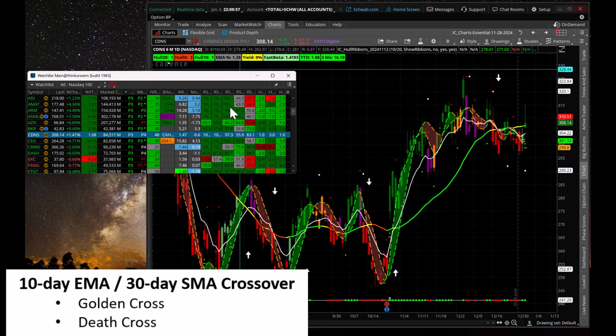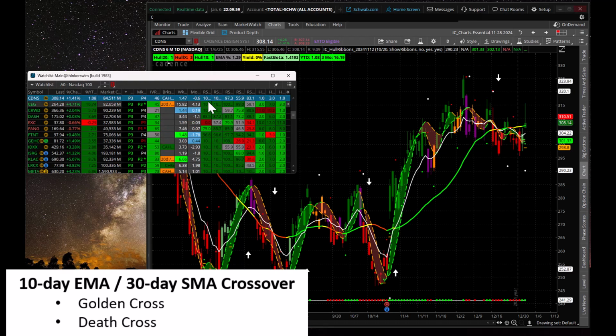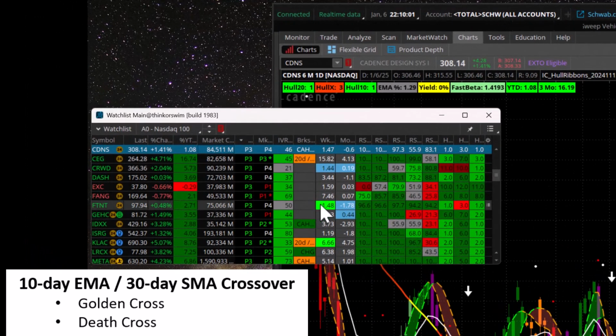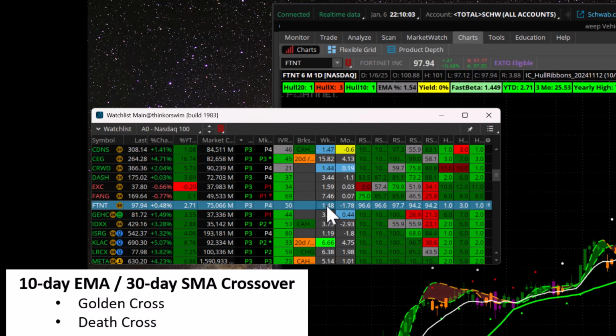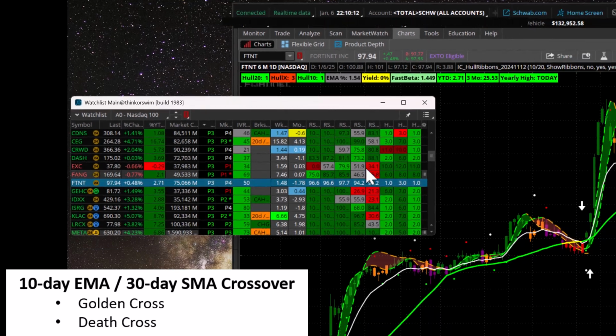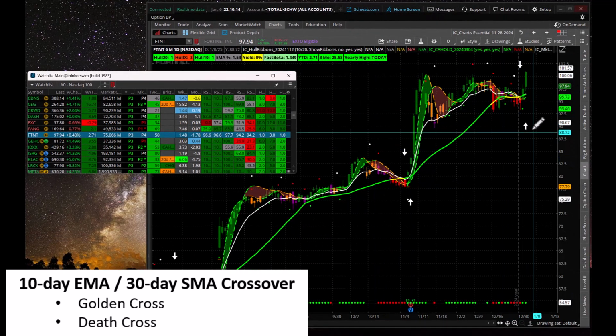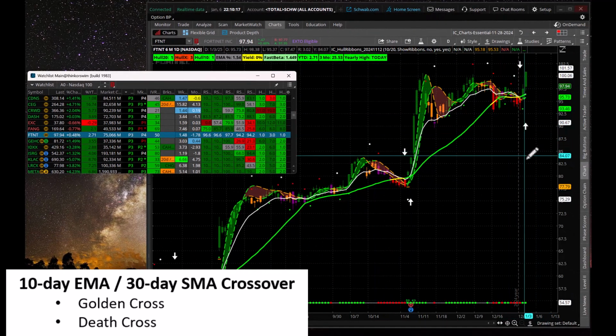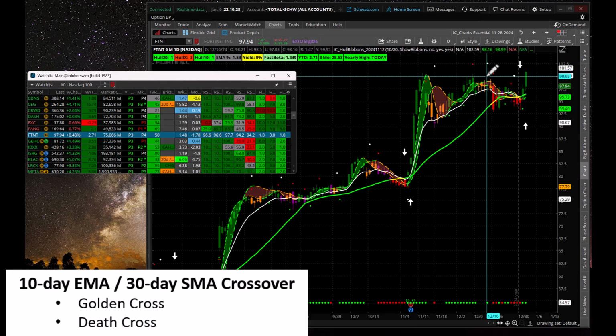And if you're looking for that type of configuration, and you look for this chart here, let's look for FTNT, you can see that if we happen to have a bright green background, we will have a bullish crossover or a golden cross. And if it happens to be a red background for these weekly bars, it'll be a death cross.